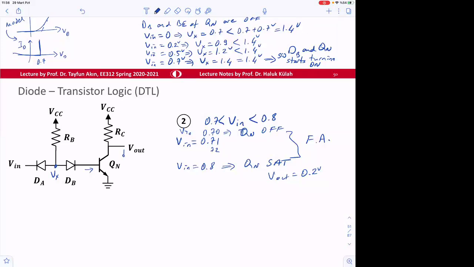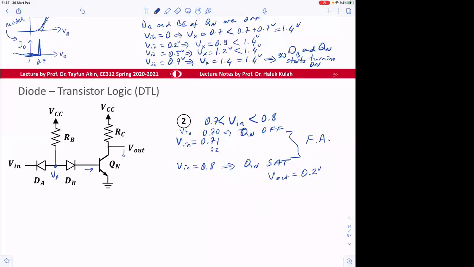The model is maybe not showing this precisely, but it's the same as with the diode, where the model is like that but actually it's like this, right? So in the transition, the transistor goes from forward active to saturation very fast.